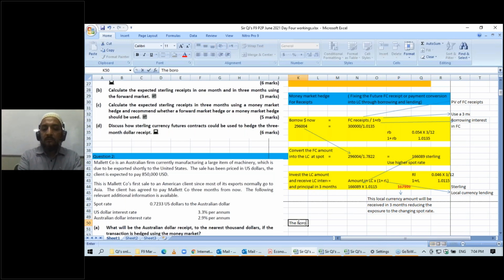The borrowed foreign currency amount, $296,004, will become $300,000 along with interest, because we calculate present value. So when we add back the interest for 3 months, it will become 300,000 in 3 months time.